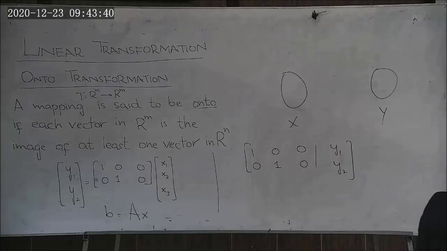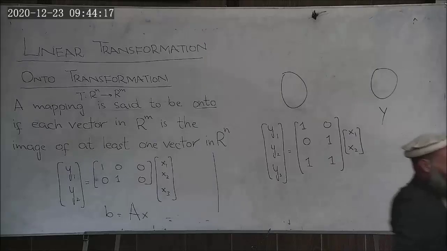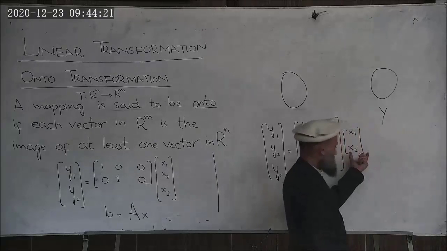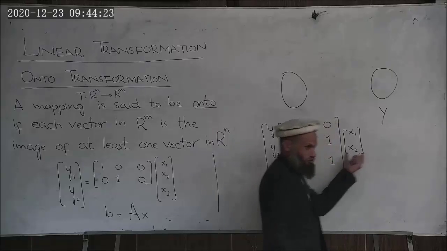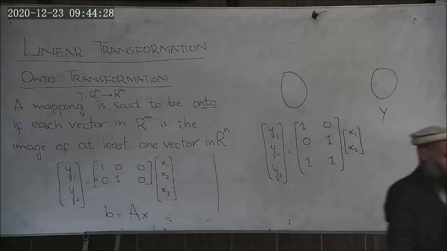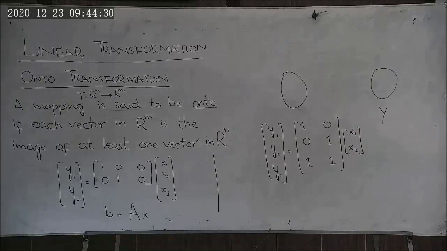What about this transformation? This transformation maps a vector from R2 into a vector in R3. So is this transformation an onto transformation? Why no?